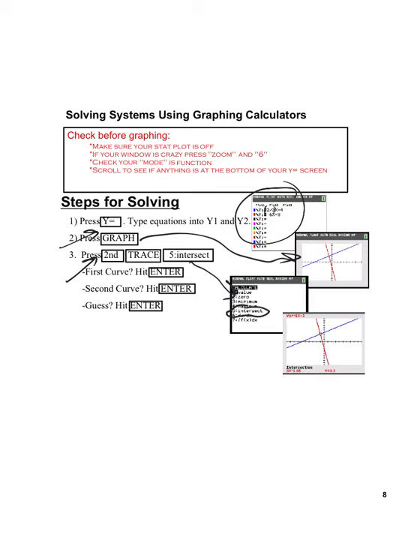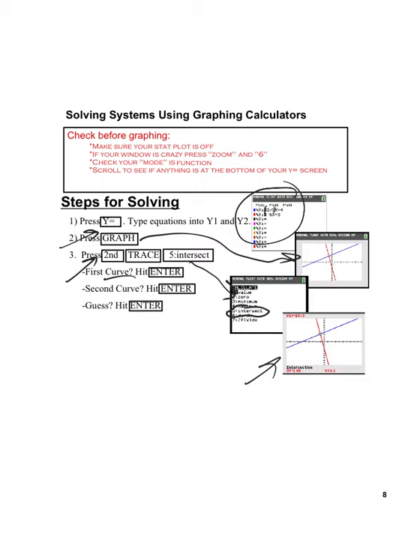When you click on that intersect, it brings you back to this graph, and it will ask you first curve. Of course, these aren't curves, but it's just hinting at the first line there. So you're going to use your up, down, right, and left arrows to go to either the red or the blue line here, or one of the 2 lines if it's not in color, and hit enter.